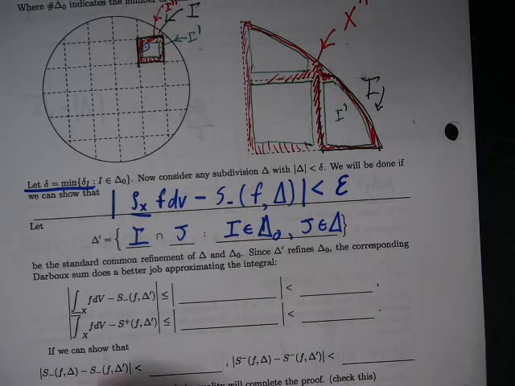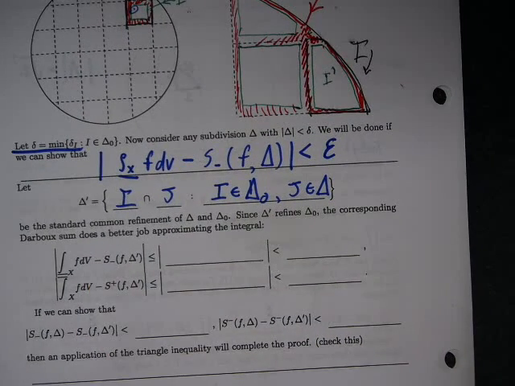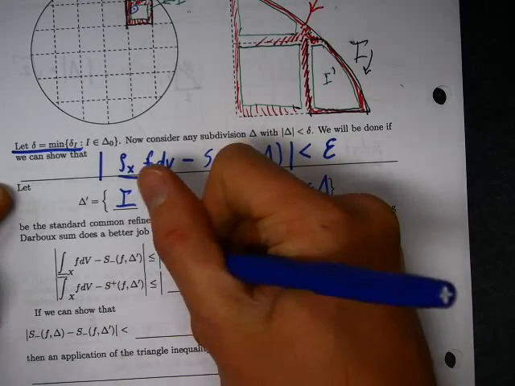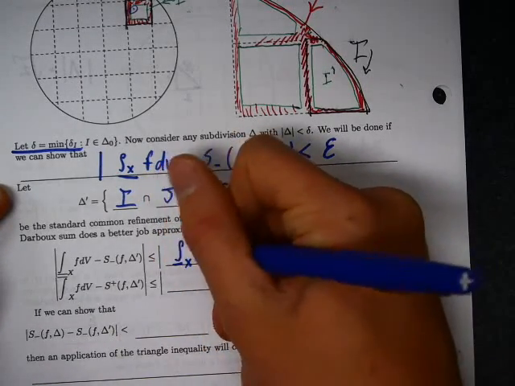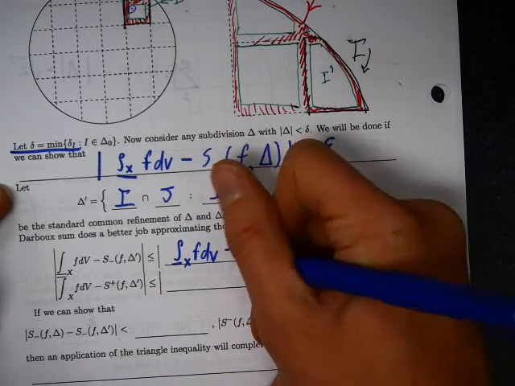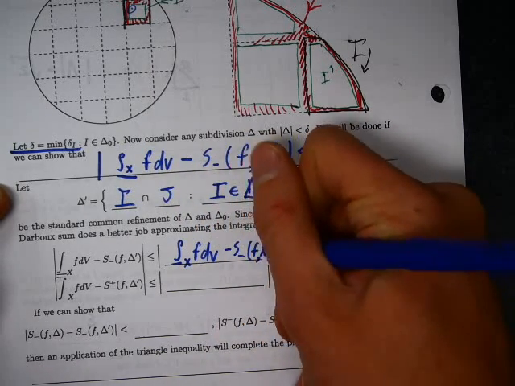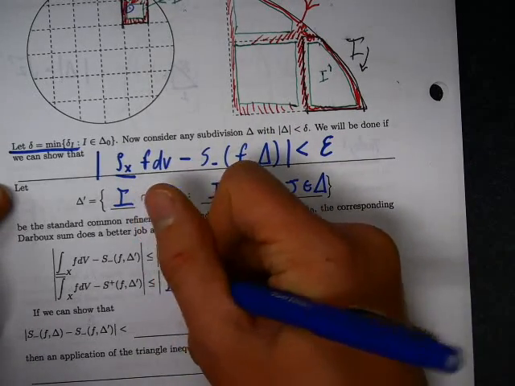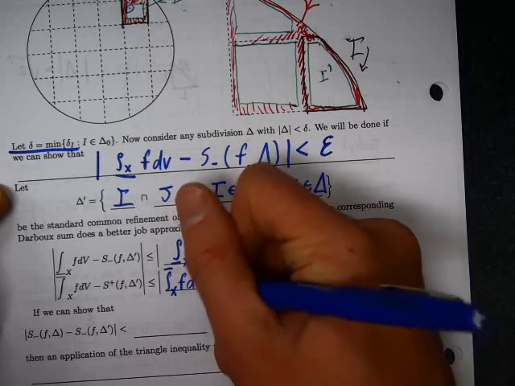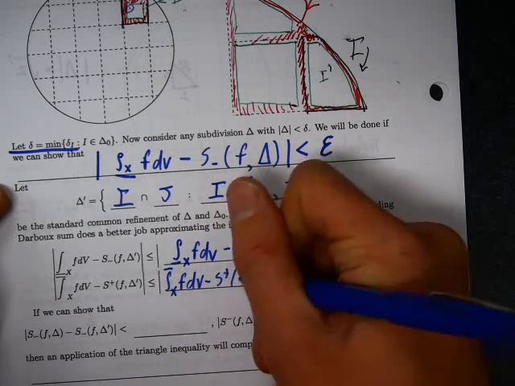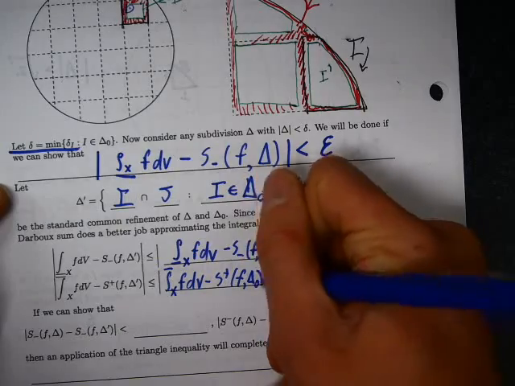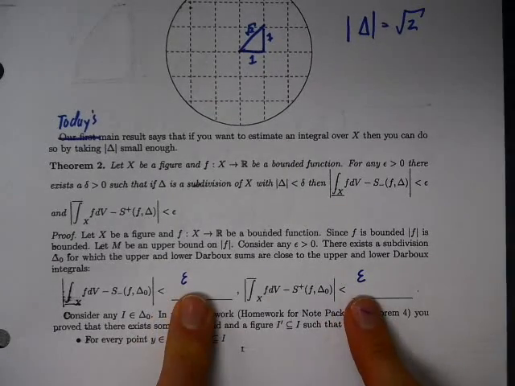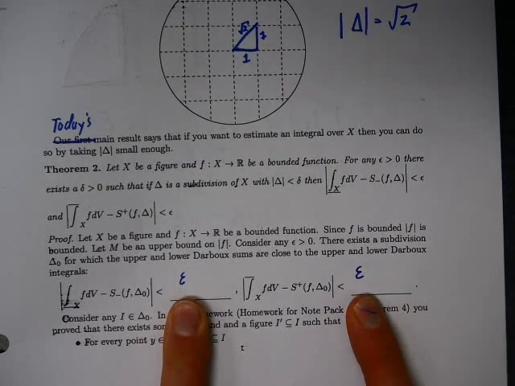So that means the difference between either of the integrals and the lower or upper sums is less than or equal to the difference between the corresponding integral and the sum for delta 0. But by assumption, those were less than the blue epsilon, which will eventually be epsilon divided by something.